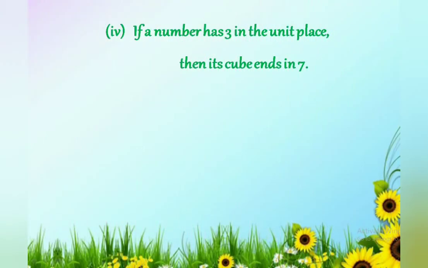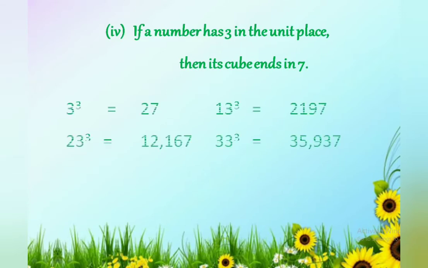In the same way, if a number has 3 in the unit place, can you imagine which digit should come in the unit place of the cube of the given number? Correct, 7. Let's consider 3 cube. 3 cube is 27, and 7 comes in the unit place. What about 13 cube?